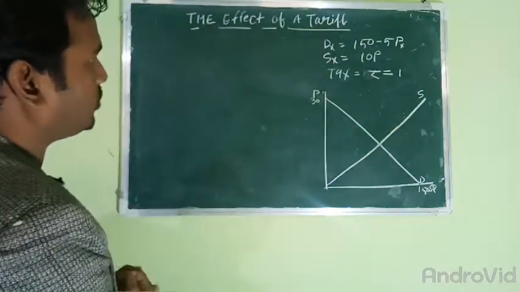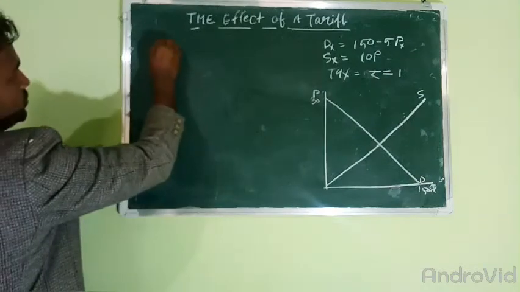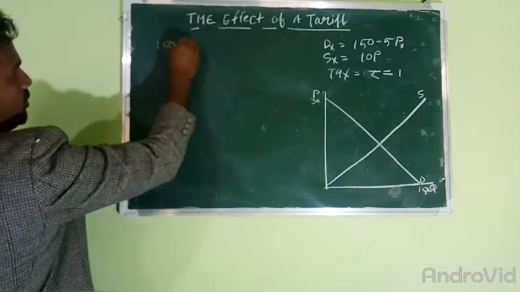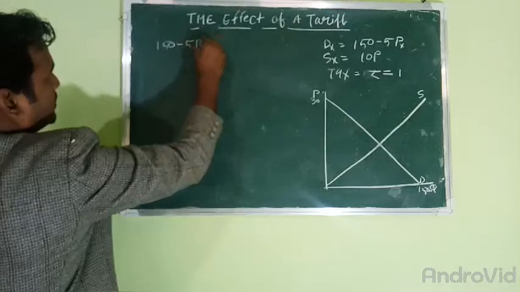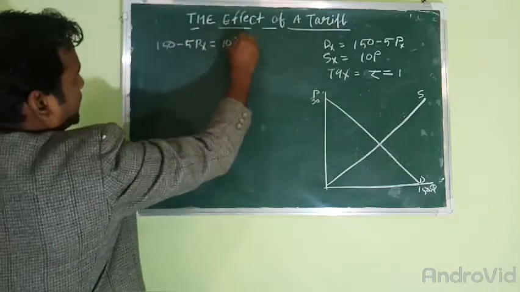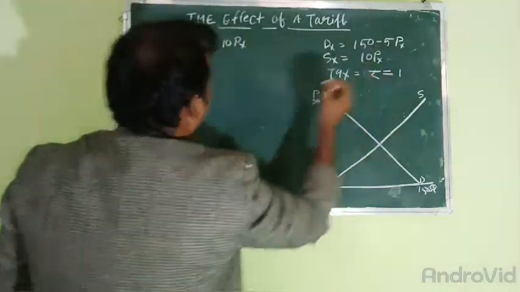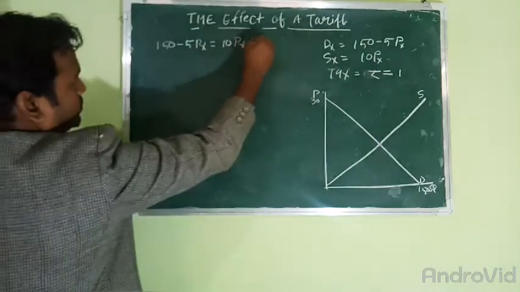Now find the equilibrium price. 150 minus 5p is equal to 10p.